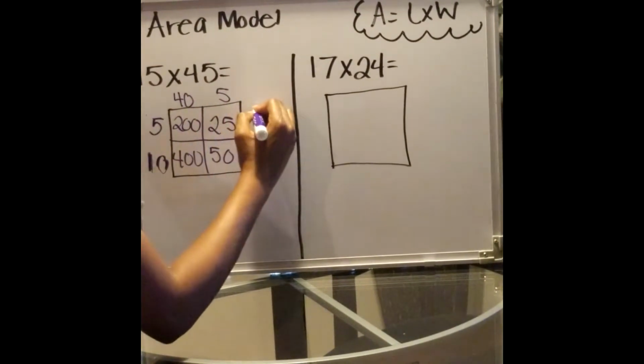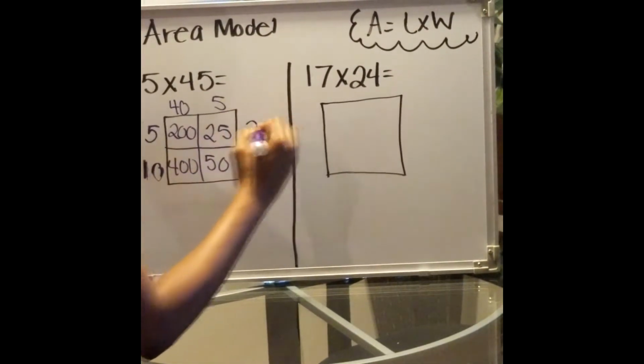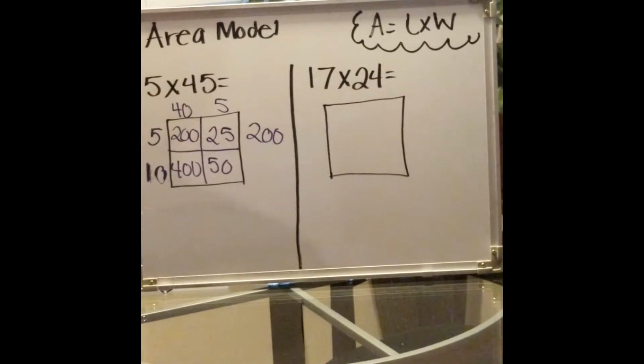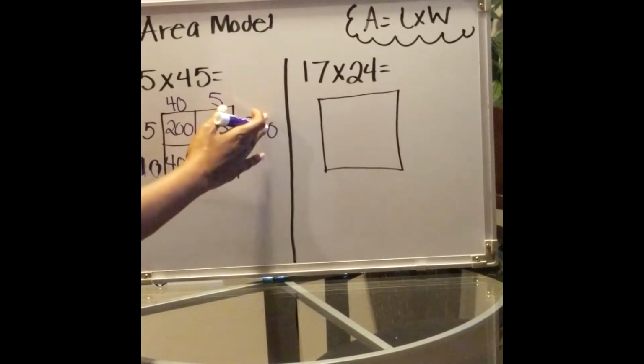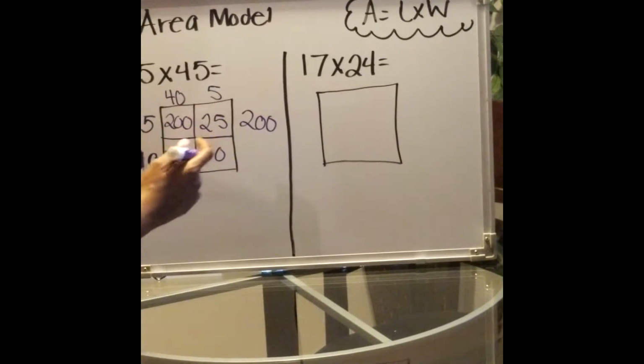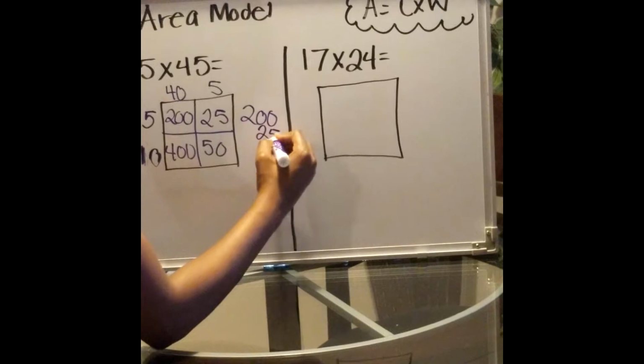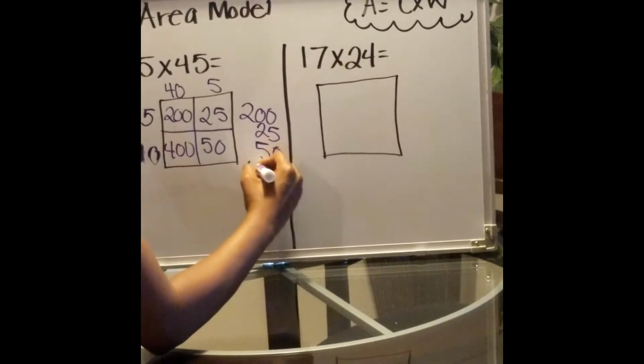I'm going to add 200. And remember to line each digit up by its place value. So my ones are going under the ones, tens under the tens, hundreds under the hundreds. So then I have 25, 50, 400.